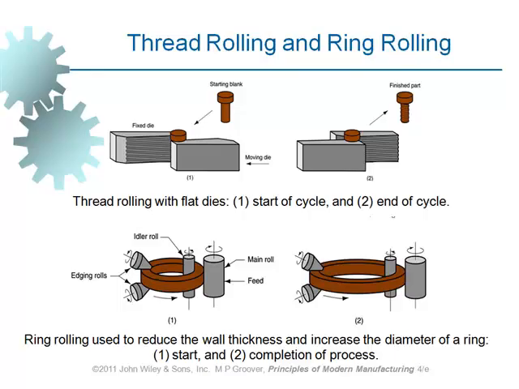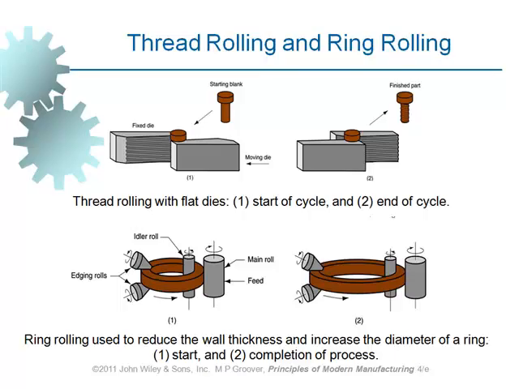The rolling process is also sometimes used in order to change the shape of the material, not when the material is in the form of a billet or, say, sheet metal. For example, here in the top figure, the material is being subjected to thread rolling, meaning that the initial material is a rotational material.